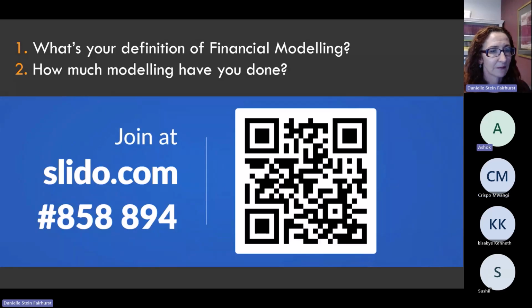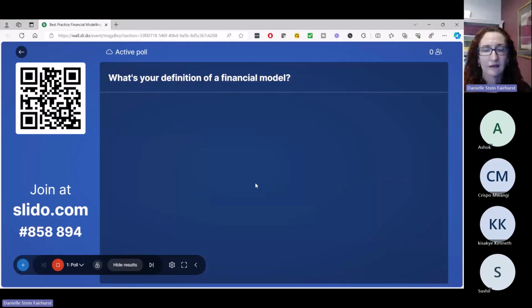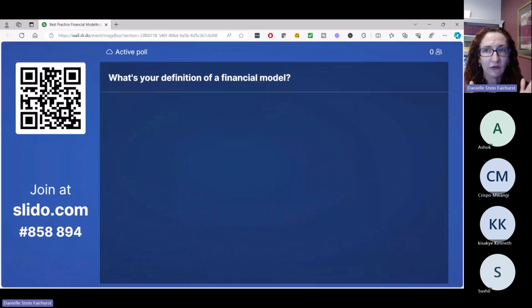Hang on, let me just share. I've got a feeling I have to reshare. A sec. So I'll just share that one. There we go. So I can't see anybody joining yet. So if you could just use your QR code or go to slido.com and let me know what your definition of a financial model is.